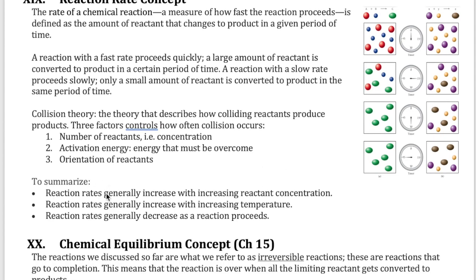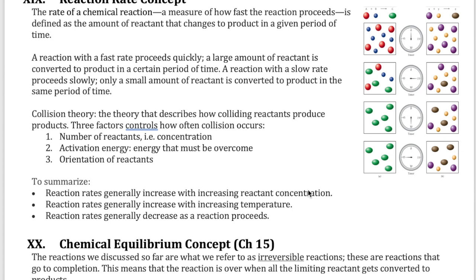So to summarize this reaction rate point, we typically get a faster rate with increasing reactant concentration. Temperature is also a factor. Temperature, it turns out, causes molecules to jump over that activation energy a lot more easily. It's not like the bar is lower, but the molecules have more energy, so they can jump a lot more easily.